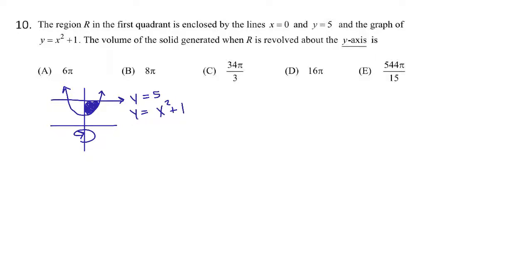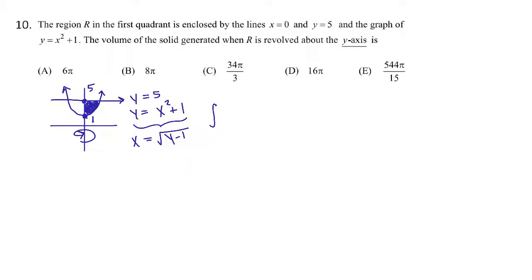So if we rearrange this, that's going to become x equals the square root of y minus 1. And we already really have our endpoints given to us. We know from here that y value is 1, all the way up to this y value, which is 5.